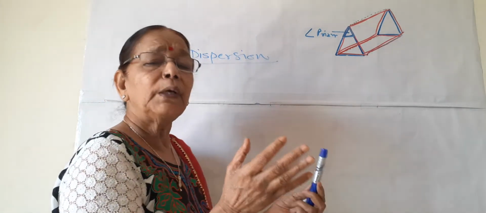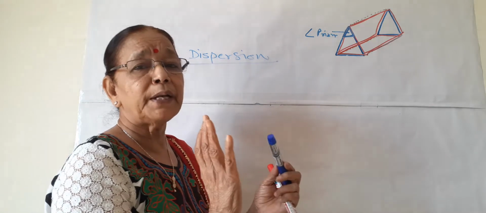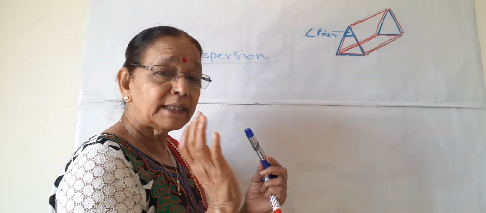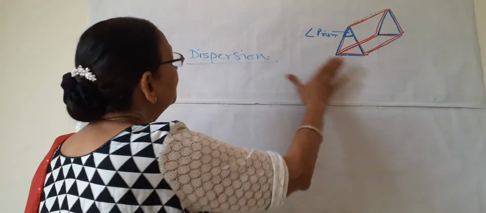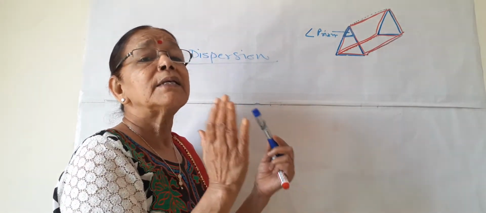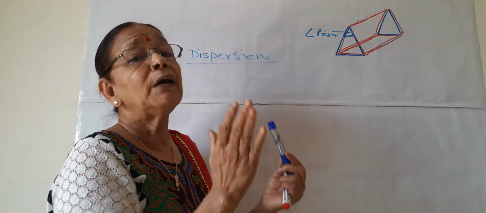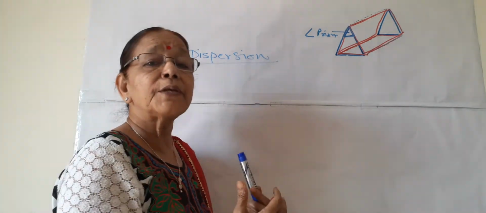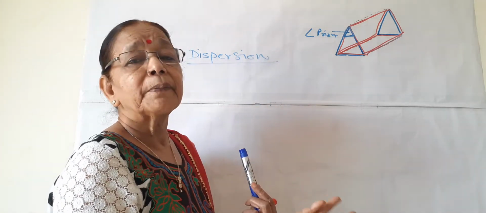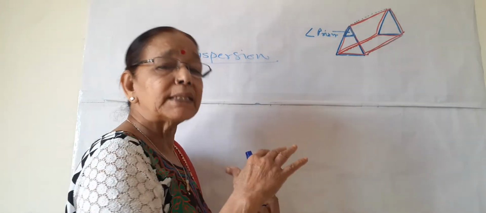All of us know that white light is made up of 7 colors. A spectrum of 7 colors is there, and this prism can disperse all the 7 colors of white light separately. And it is a natural phenomenon we see in the sky after a rainy day when the sun is there.